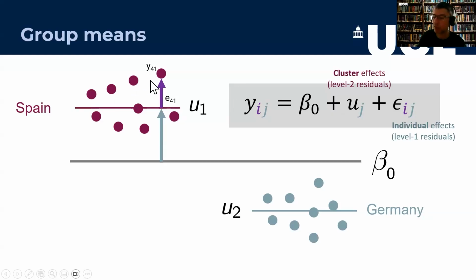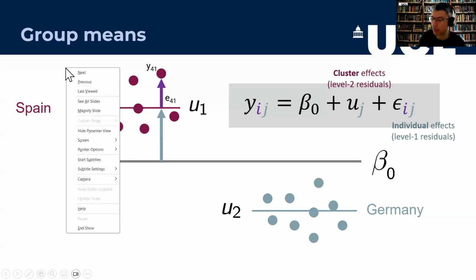And then we would have, for each of these people, a number for their observations. So in this case, we could calculate the distance between, let's assume that we are focusing on subject 4 in country 1. So if we look at subject 4 in country 1, this is the value.